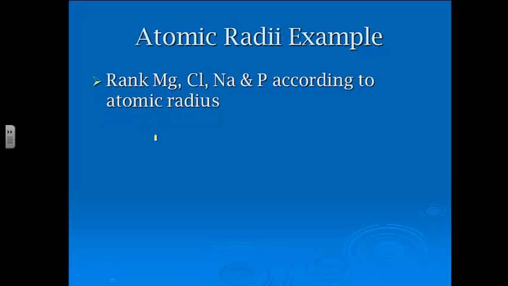Alright, so for example, if you had to rank magnesium, chlorine, sodium, and phosphorus according to atomic radius, this would be an example of how you have to apply it. If you go to a periodic table, they are all in the third horizontal period. And if we went from largest to smallest, all you have to do is be able to put them in order.